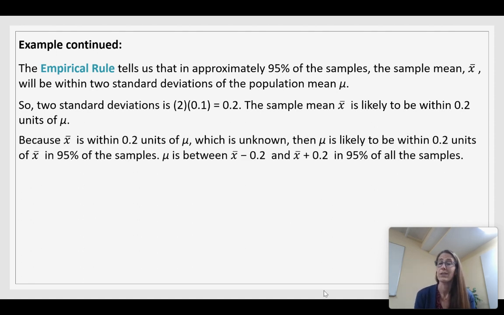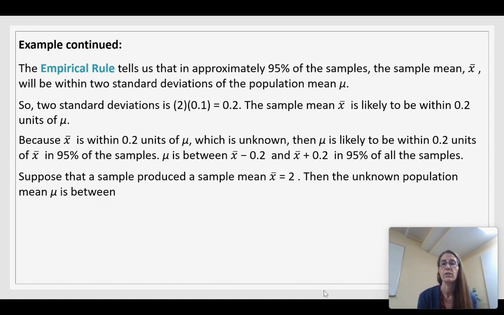Because x bar is within 0.2 units of mu, which we don't know, mu is likely to be within 0.2 units of x bar in 95% of our samples. So mu is likely to be between x bar minus 0.2 and x bar plus 0.2 in 95% of all the samples that we could take.